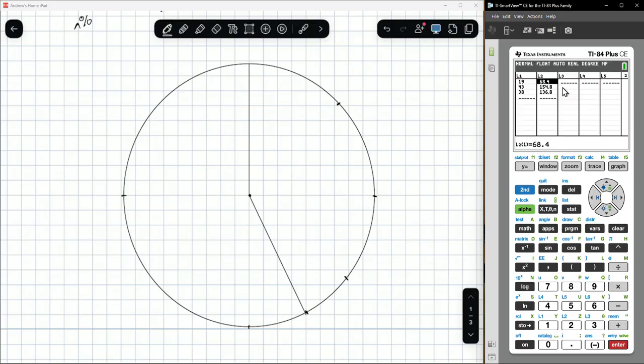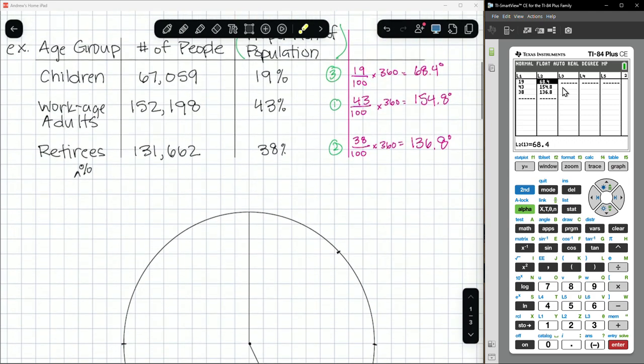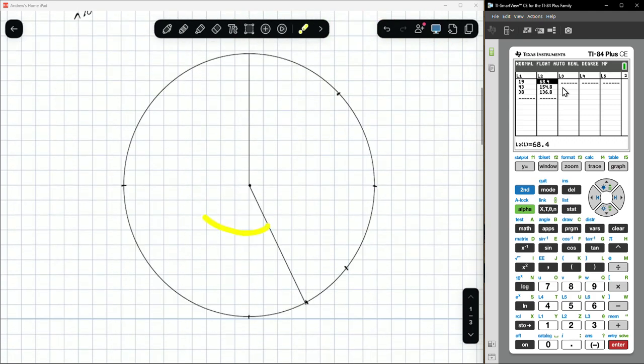My next wedge gets measured from that new line I drew. So what I need is, starting at this line, I need to go 136.8 around this way. So I know straight across would put me at 180.